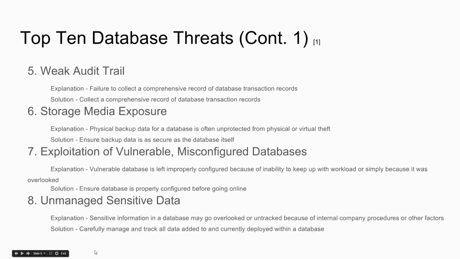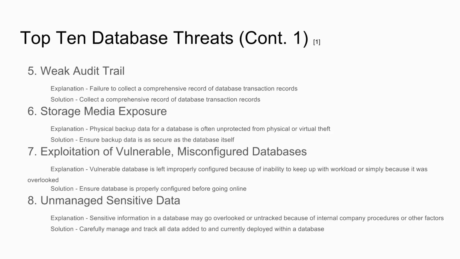Number eight on the top 10 database threats is unmanaged sensitive data. This occurs when one of the administrators of the database, let's say, adds a list of user phone numbers and addresses and forgets to mark that down anywhere. This is then a part of the database and it's not marked as sensitive.